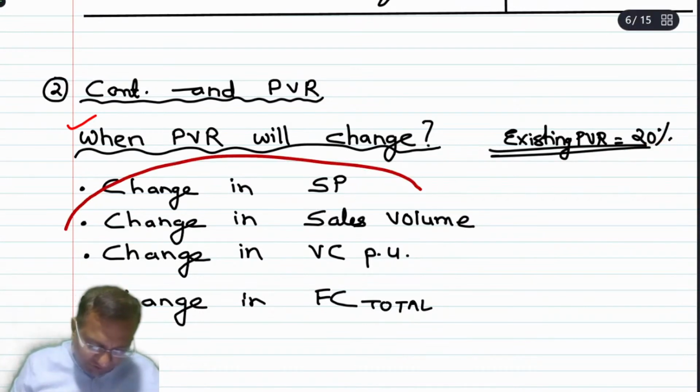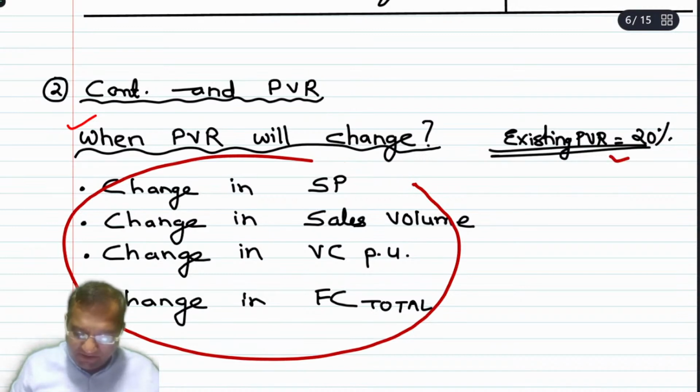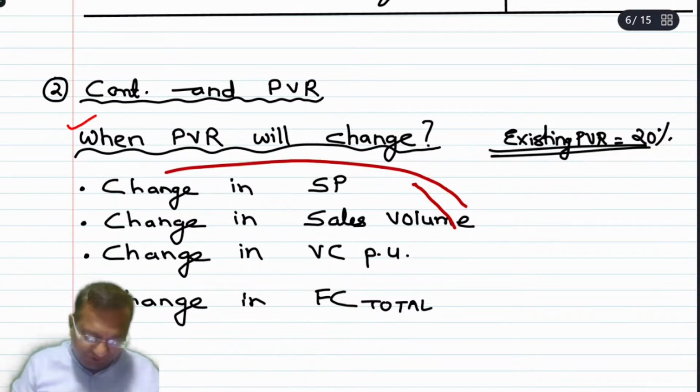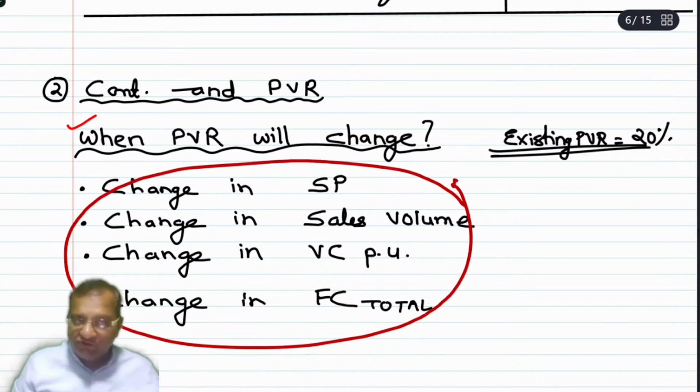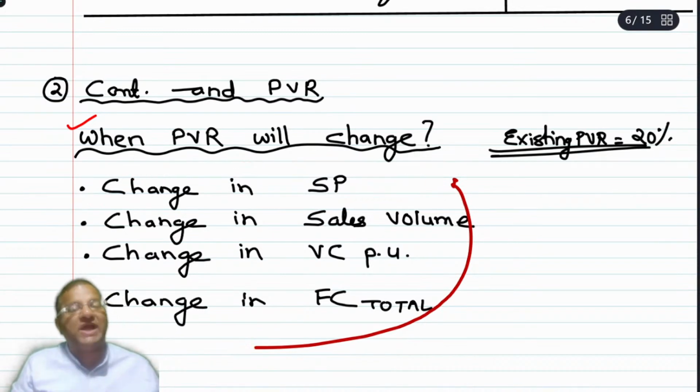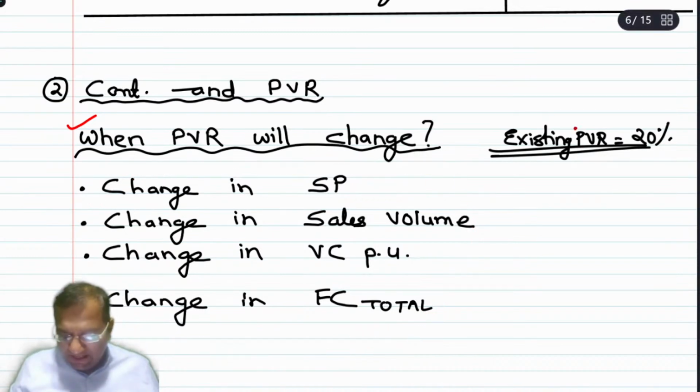But in some of the situations, if the existing PVR is 20% and that situation arises out of the 4, then definitely we have to calculate a new PVR. The existing PVR will no longer be valid.